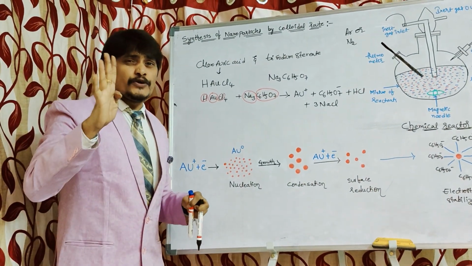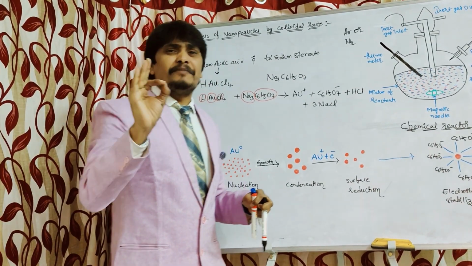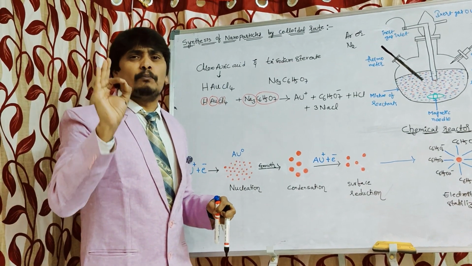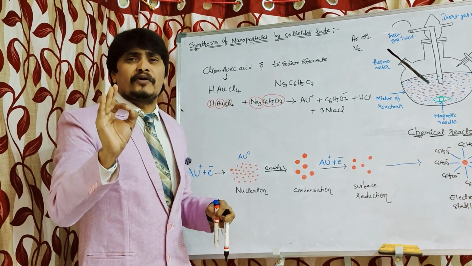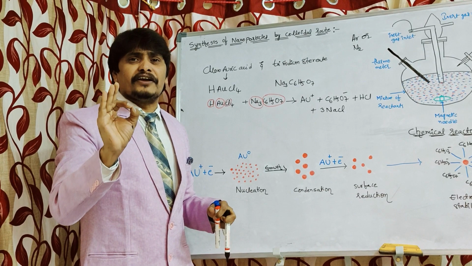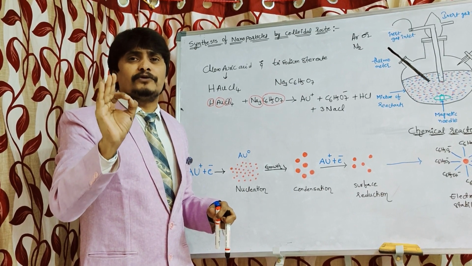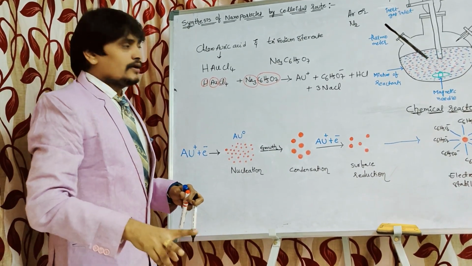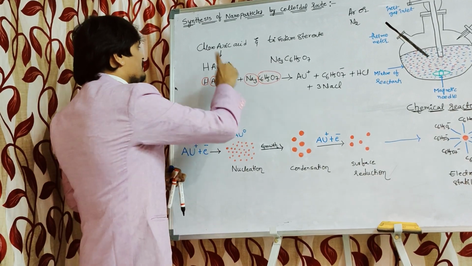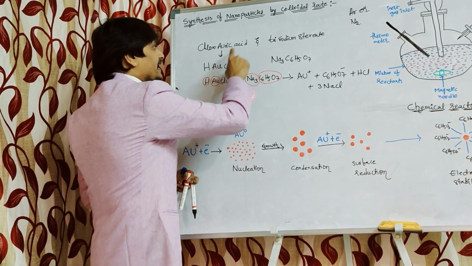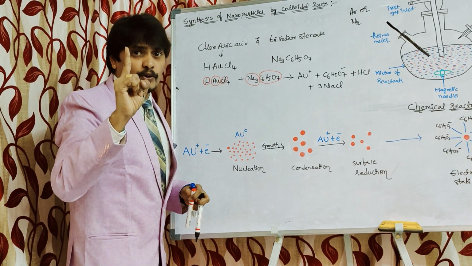So this is how you have to remember the chemical reaction, but you need not mug up or memorize by writing the chemical reaction on paper 5 to 10 times. When the chemical reaction takes place between chloroauric acid and trisodium citrate, what are going to be formed?